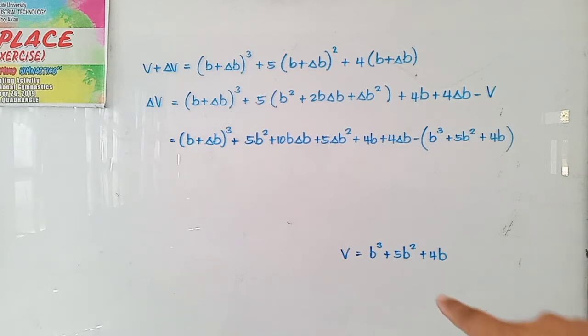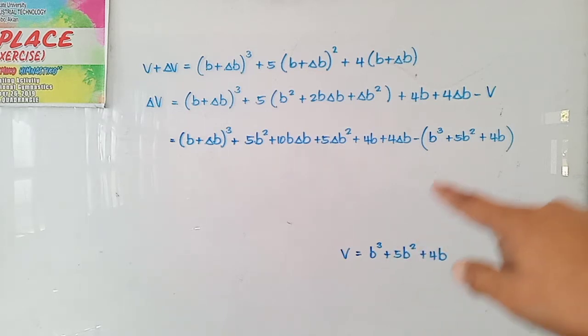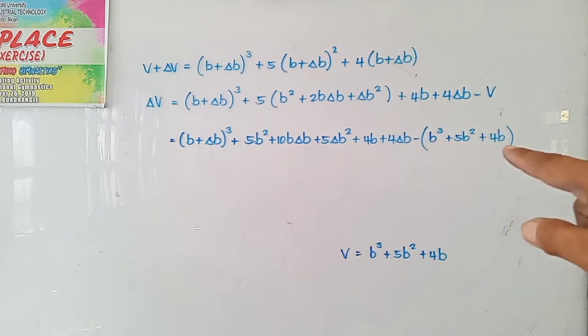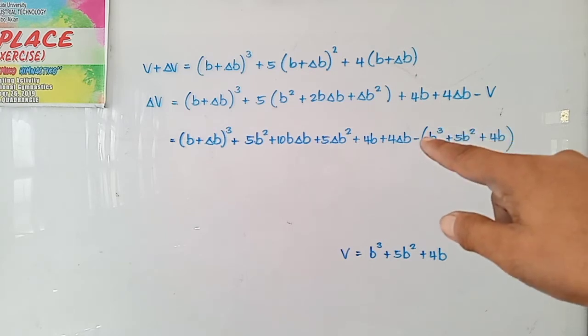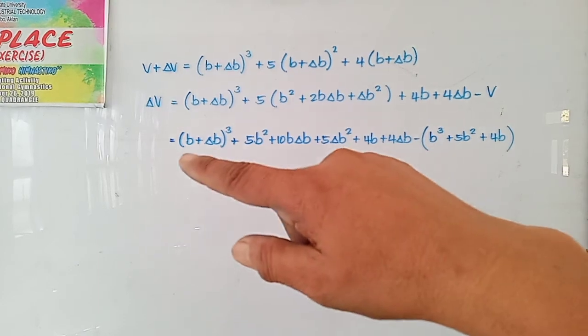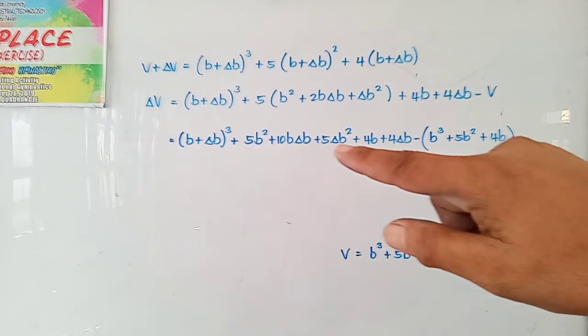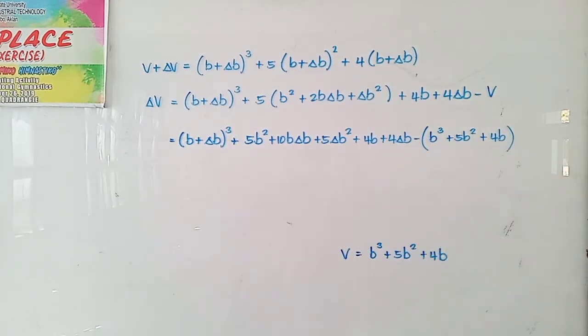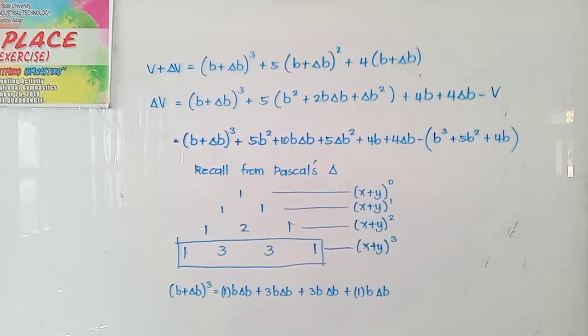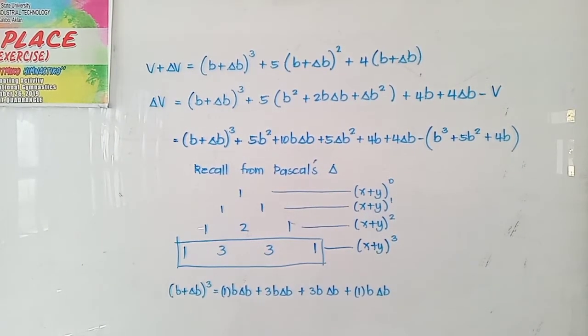And of course, we need also to substitute the value of b. Just take note later on, all of these terms must be eliminated by its counterpart in this part of the entire relation.